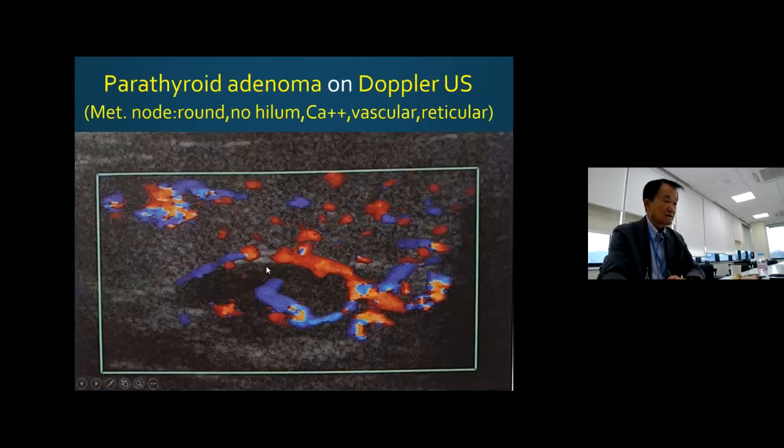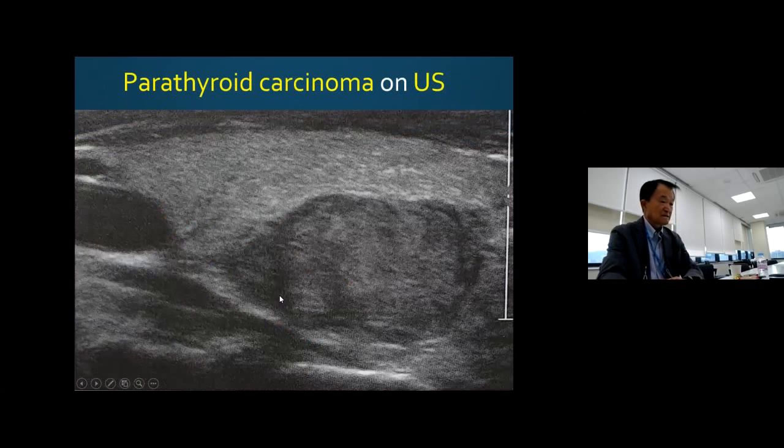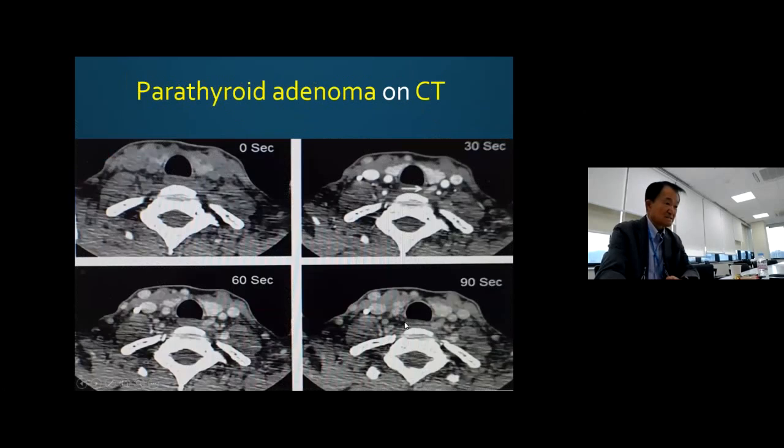And certainly, Doppler shows some vascularity around the periphery of the hypoechoic nodule. The carcinoma has a more nodular appearance here, and some echoes inside the tissues. But sometimes necrosis, calcification makes different features, so it's not easy.